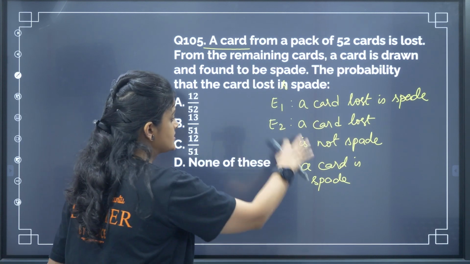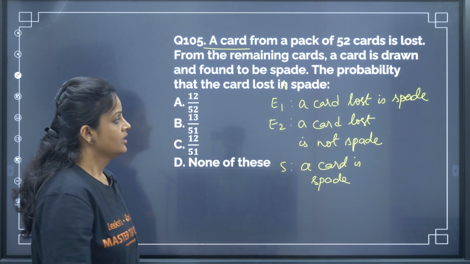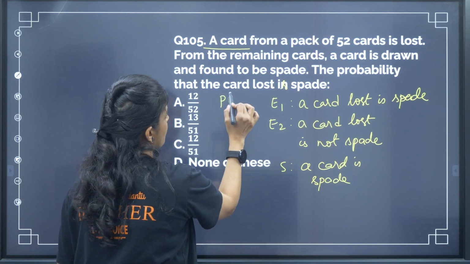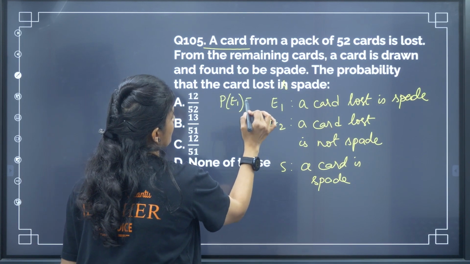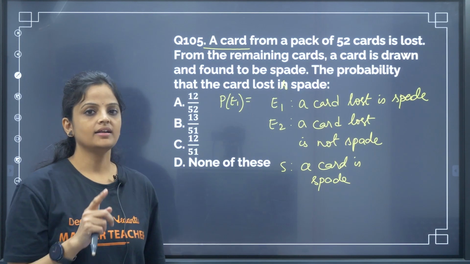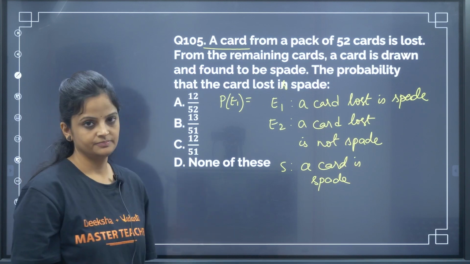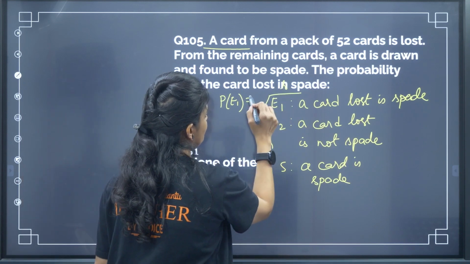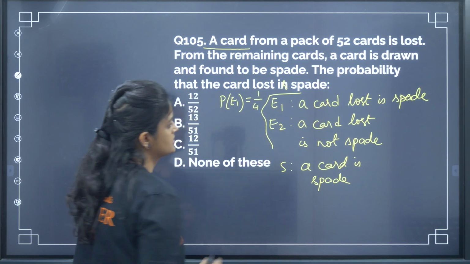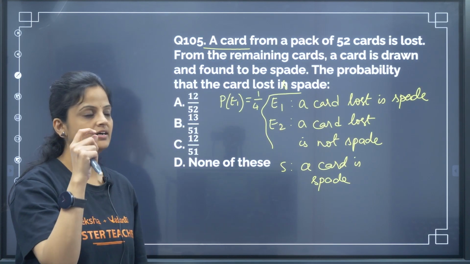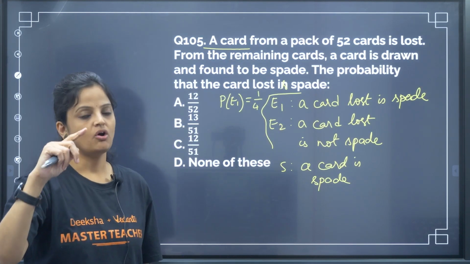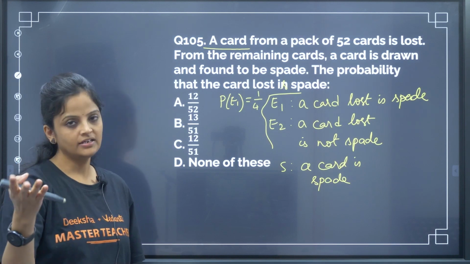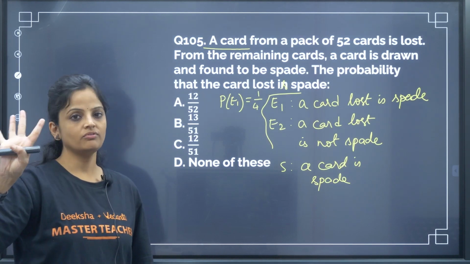Now see the probabilities one by one. What will be the probability of E1? What is the probability that the card lost is a spade? How many cards will be there? Like that, 4. Out of that, 1 is lost. Any particular one, if you take an ace or a king, queen, anything, 4 will be there.